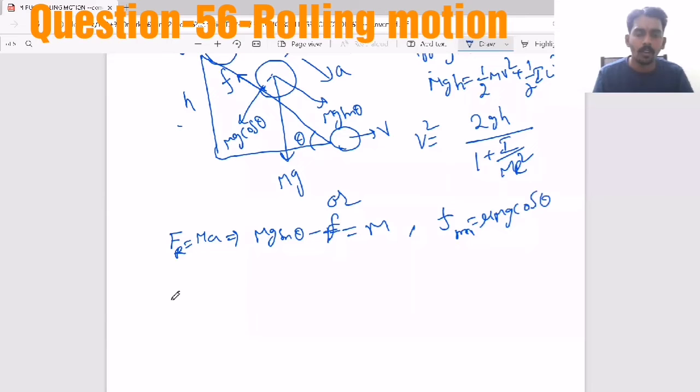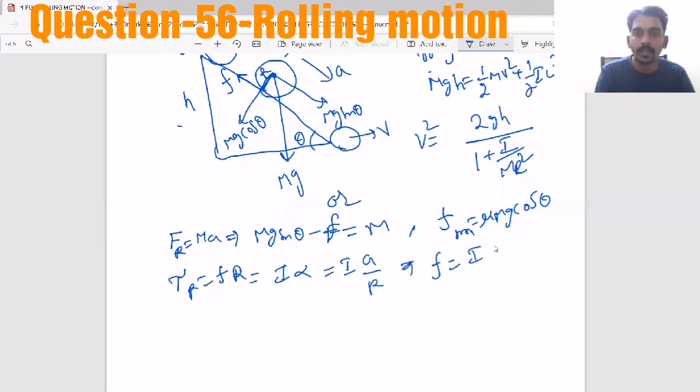Now here, how much friction is developing we can find from the torque, because friction is the only force producing torque about the axis of rotation. mg is passing through that, N is passing through that, so no torque. Only f has a perpendicular distance, that is r, the radius. So the resultant torque equal to f into r, that is I alpha, where alpha is a by r.